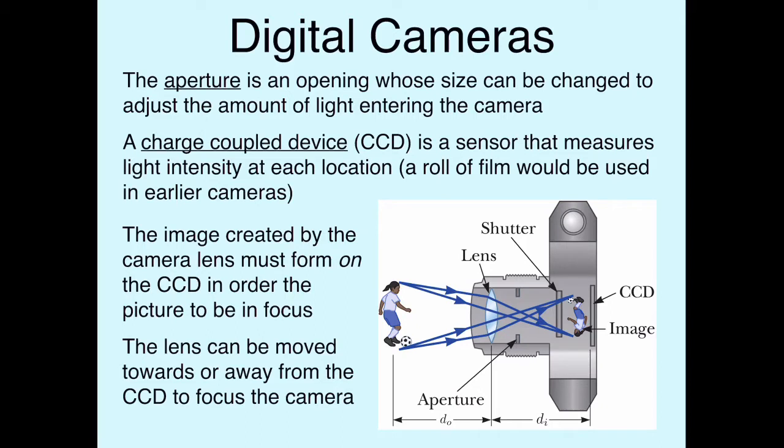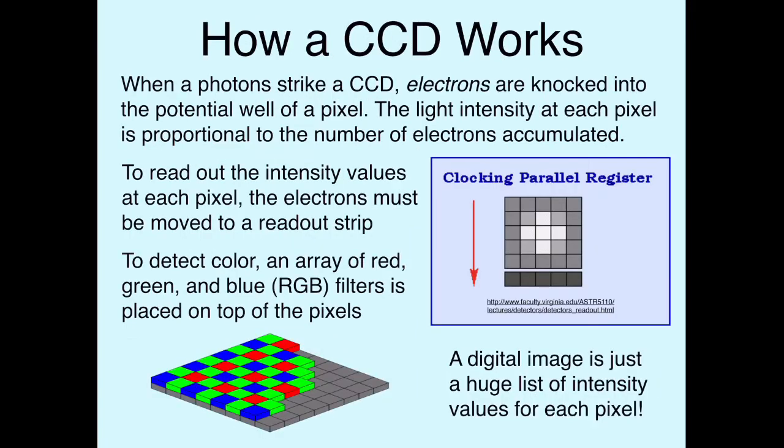If the image is not forming on the CCD, then it's going to look blurry. Okay? So in order to make sure the image is in focus, we'll have to adjust things. The lens of the camera can be moved away from the CCD in this direction or towards the CCD in this direction to make sure that we always get an in-focus image forming on the CCD.